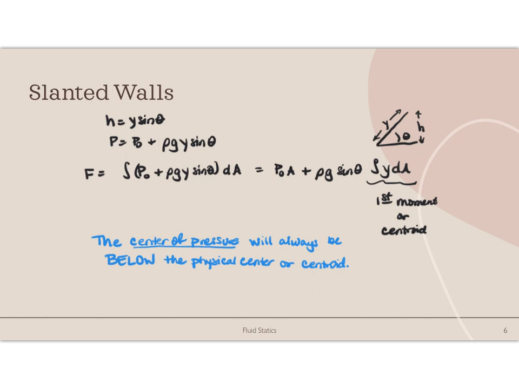So once again, the center of pressure is always below the physical center or the centroid. So if you had something and you're holding it horizontally, the centroid would be the entire game. But now where you need to balance it for the pressure is going to be a little lower than that because of that additional weight of the fluid.